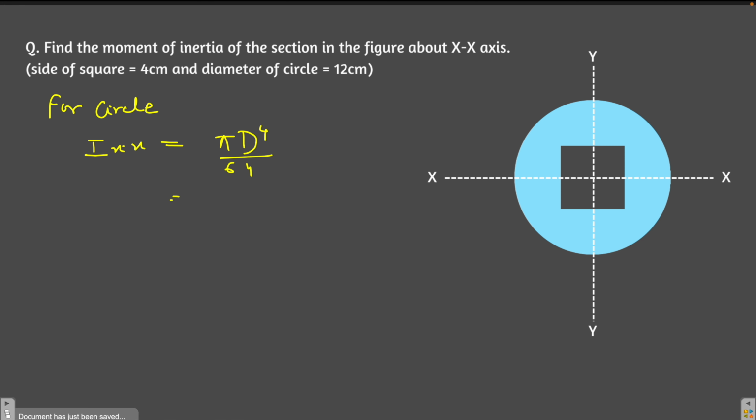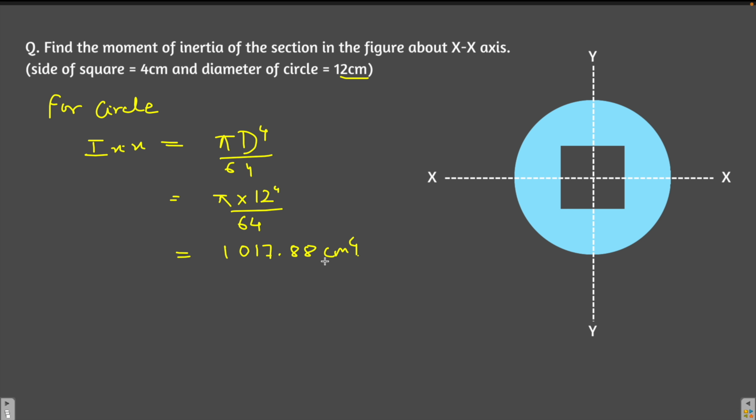Pi will remain pi, and d, the diameter of the circle, is given as 12 centimeter. So pi times 12 to the power 4 by 64. Just calculate this, and the answer comes out to be 1017.88 centimeter to the power 4.